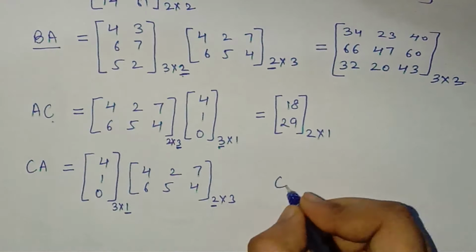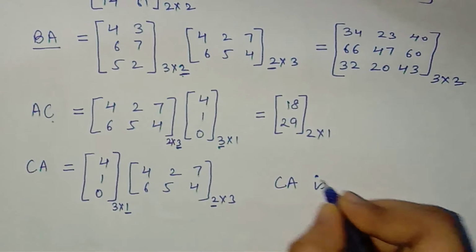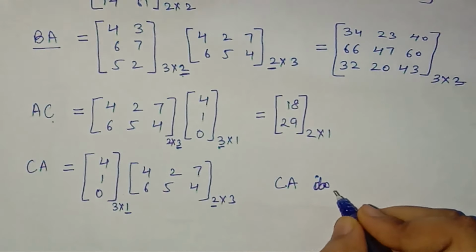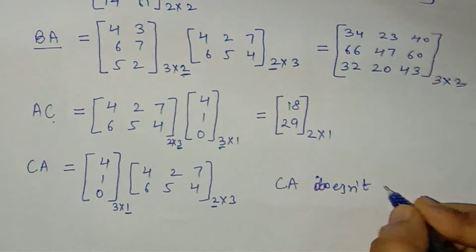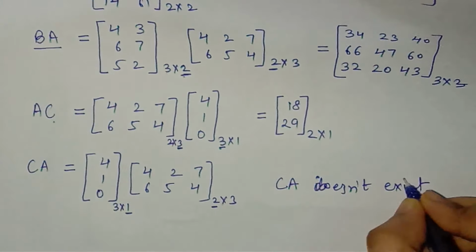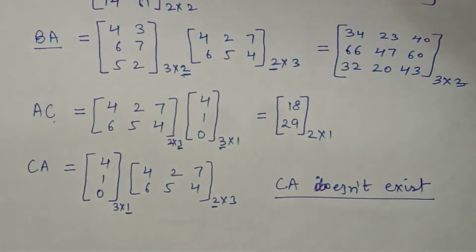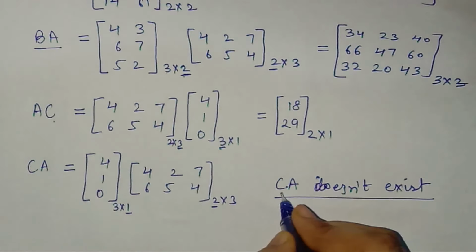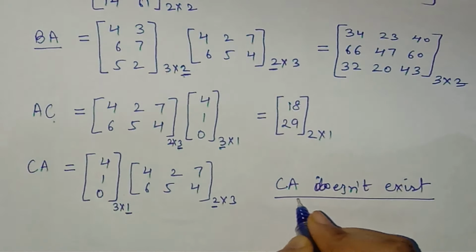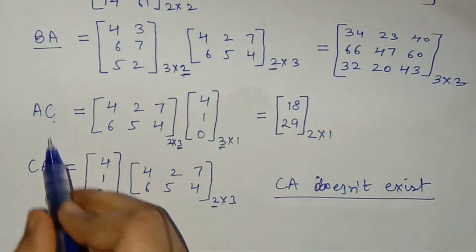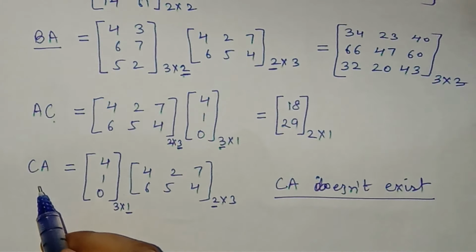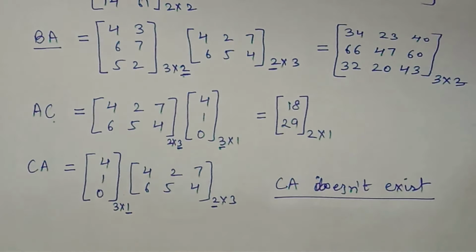So CA does not exist. So C into A does not exist in that case, and we will not be able to calculate C into A. So it is possible to calculate A into C in this case, but C into A is not possible.